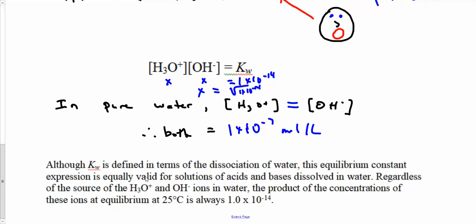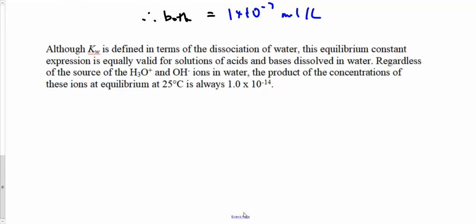Now, although Kw is defined in terms of the dissociation of water, this equilibrium expression is valid for any aqueous solution. Okay. So, if I have a beaker, some solution, and I drop in some acid, I will have some extra H3O+ in here.